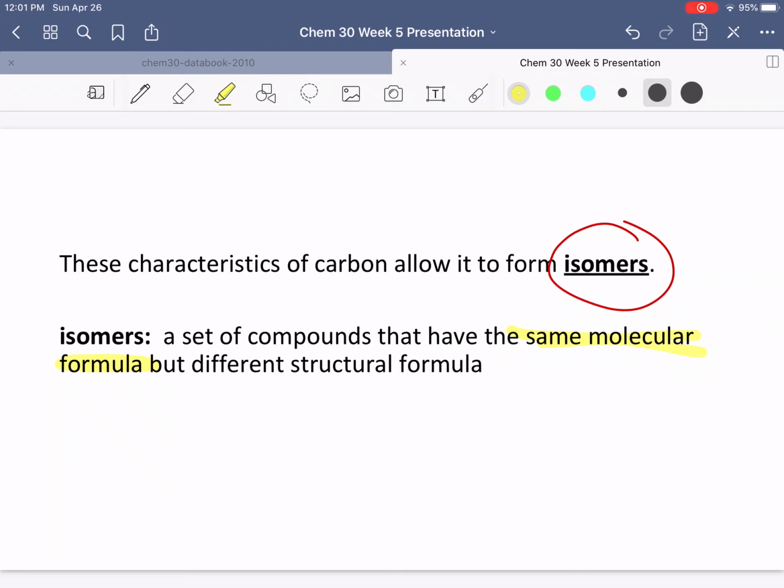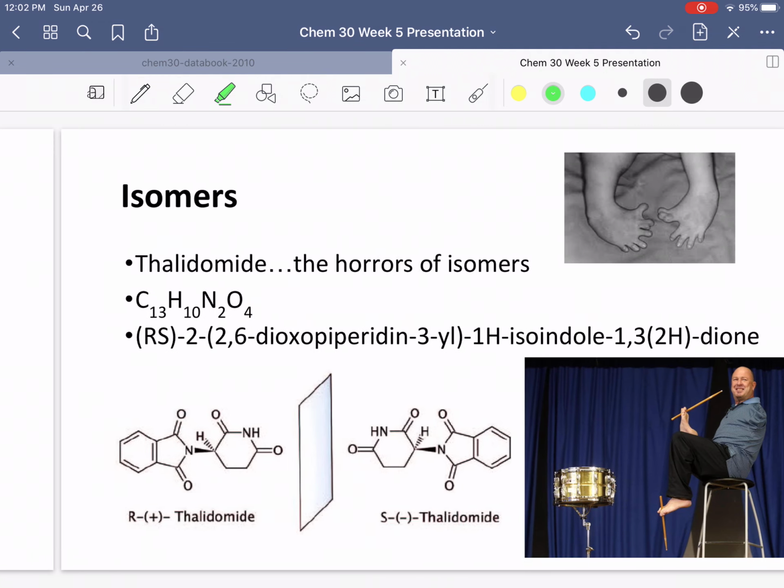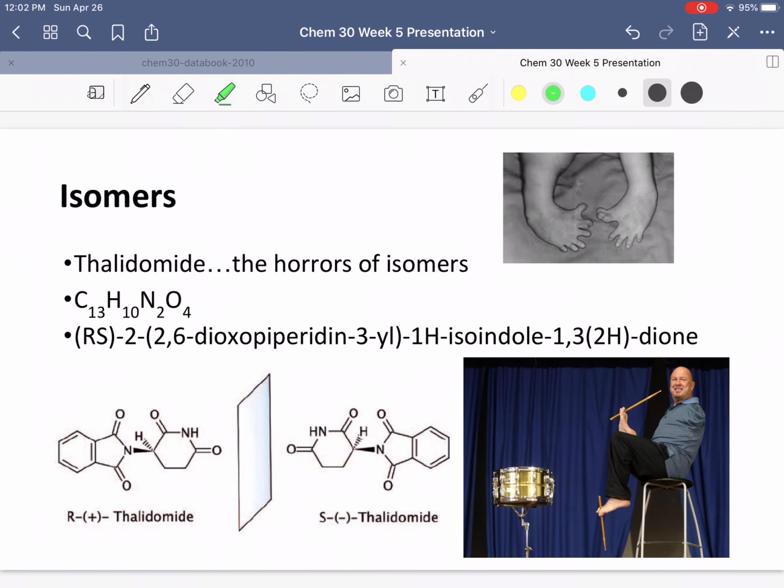And yet, they can form quite a different structural formula. And if the structure is different, that means that the way that they interact with other molecules is different. So it changes their properties a lot. We're not going to go into too much detail on this, but I thought I'd just mention it. I talk a lot more about it in class.